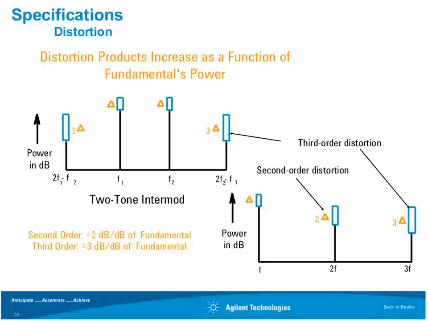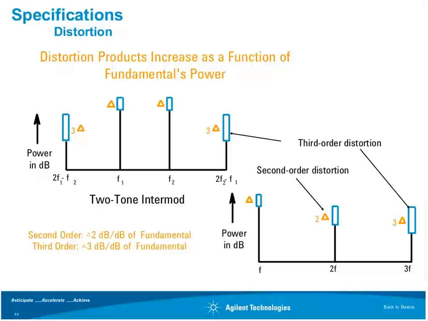And they behave in slightly different ways. Let's take a look at second order distortion. For every dB increase that we have on the fundamental signal, the second harmonic would increase by 2 dB, so it rises twice as fast as the fundamental signal. Then third order distortion rises 3 times as fast, so I would get a 3 dB increase.